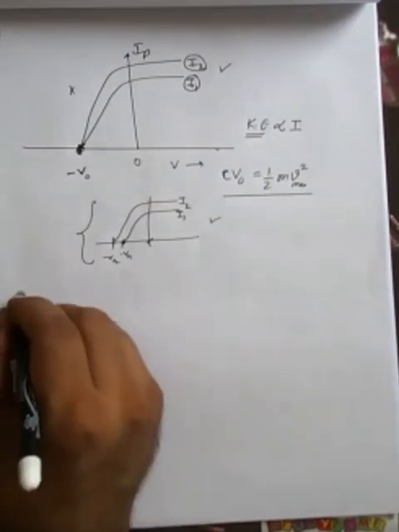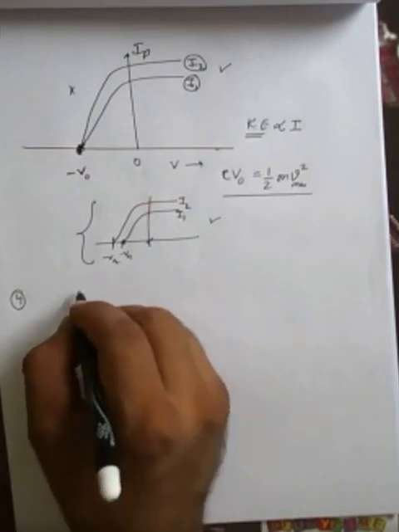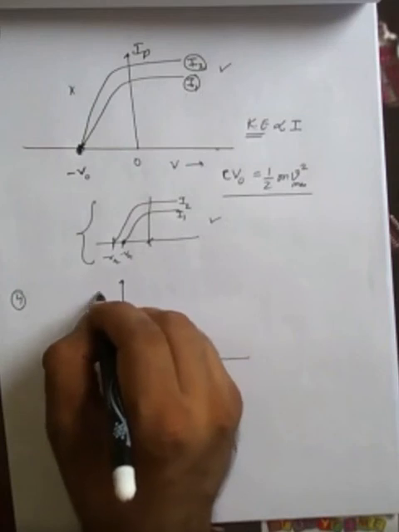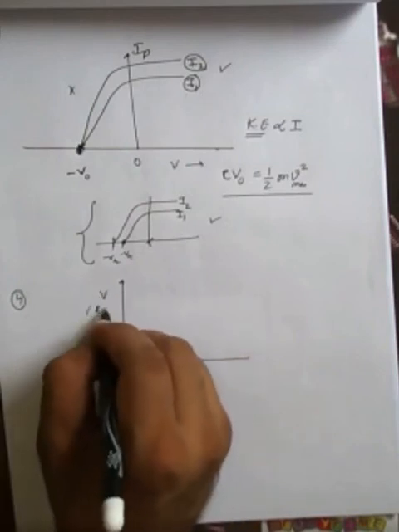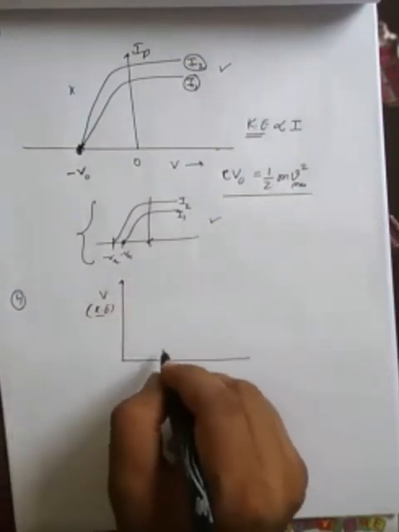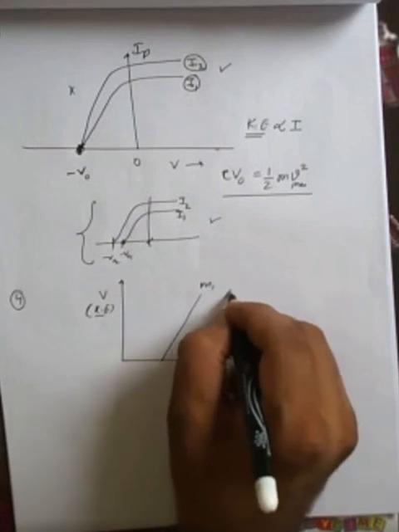Then if you go for the fourth observation, the stopping potential means the maximum kinetic energy, from here, for the two different photosensitive materials M1 and M2.